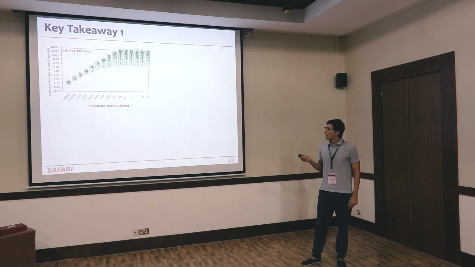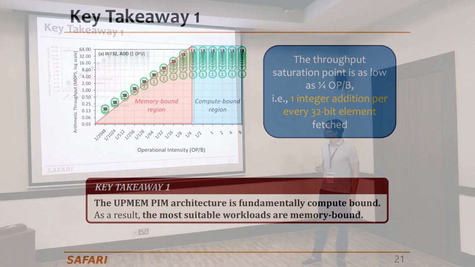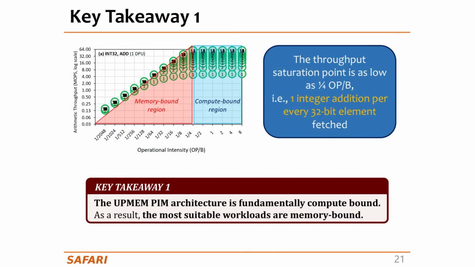So in our first paper, we did a lot of, I'd say, architectural analysis of the UPMEM DPUs. And one thing that we realized by doing this sort of roofline model, as you can see here, is that we are representing the arithmetic throughput over the operational intensity. Each of these dots corresponds to the number of tasklets, or PIM threads, that we have used. So one of the first things that we notice is that there are two regions, the memory-bound and the compute-bound region.